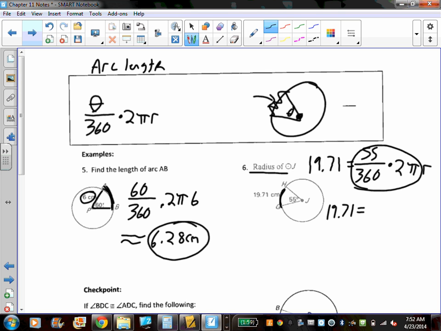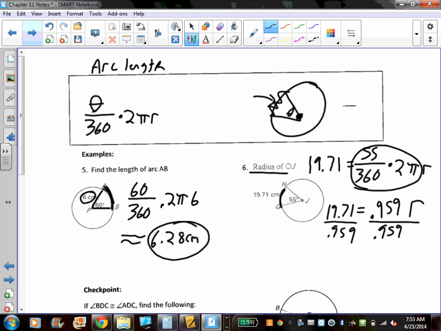55 divided by 360 is about 0.153 times 2 times pi. Multiplying all those parts together, we get about 0.959. And we still have to multiply that by the radius. Well, now it's a one-step problem. All we have to do is divide by 0.959 on both sides, and we'll have the radius of the circle.